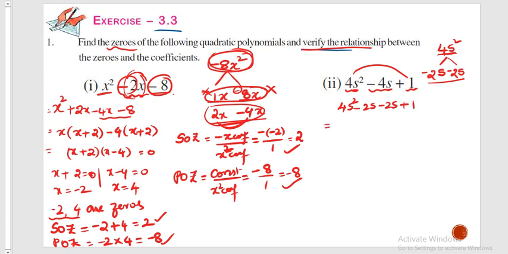Now I can take 2s as common from the first part, then I will be left with 2s minus 1. If I take minus 1 as common, I will get 2s minus 1. So overall, when I take 2s minus 1 as common, again I will get 2s minus 1.